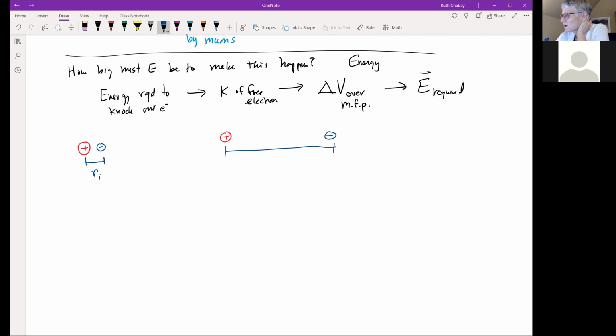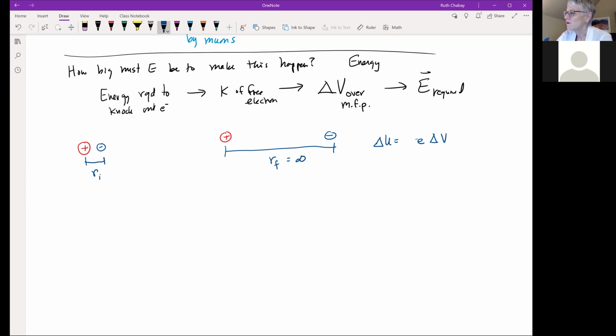This distance, our final, is infinite. And this is the potential energy change for the system: delta U is E delta V, or minus E delta V in this case.